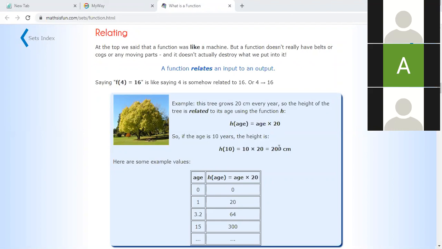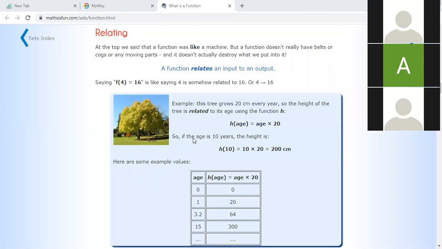Class listen to me and tell me. Class मेरी बात सुनिए. Let's suppose if the tree age is 10 years. अगर ये दरख्त 10 साल का है, so हम इसको किससे multiply करा रहे हैं? 20 से. Because why? Because every year the tree's age increases, so the height also increases by 20 centimeters. जब age बढ़ रही है तो उसकी height भी बढ़ रही है.